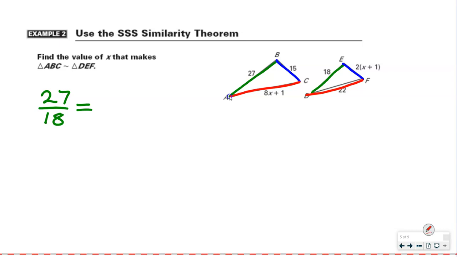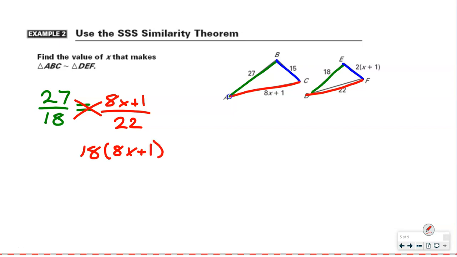I'll use CA and FD. So 8x plus 1 over 22. Now we just need to cross multiply. We've got 18 times 8x plus 1 equal to 27 times 22.